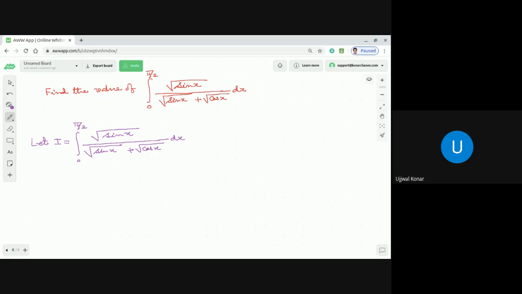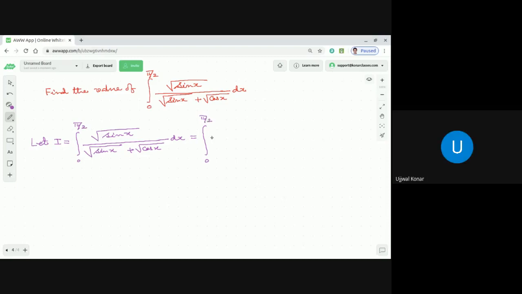Now, there is a property we discussed yesterday, that integration 0 to a fx dx is equal to integration 0 to a f of a minus x dx. Should recall? So then what will we get? Here a is pi by 2, dear students.